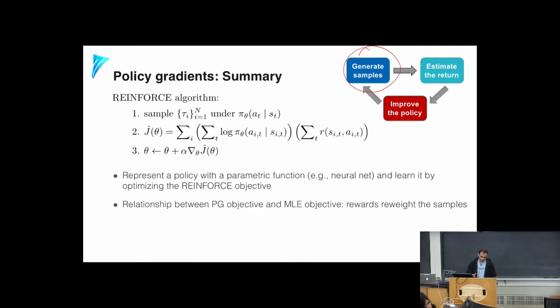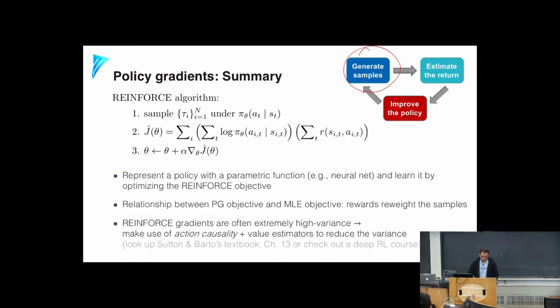So there is a relationship between policy gradients and the maximum likelihood objective. I can think of rewards as some sort of weights that are reweighting our log odds of the actions. And finally, a quick note that this basic REINFORCE algorithm is extremely high variance.